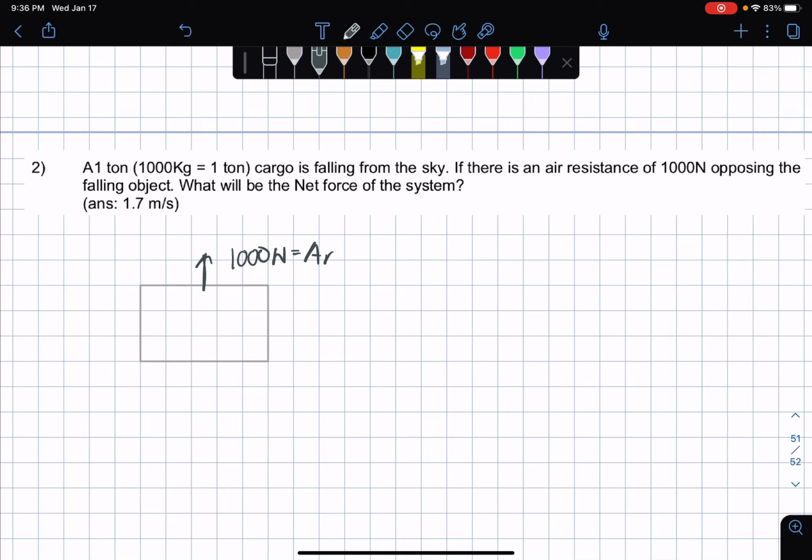We do not ignore air resistance, we consider it, and I suppose there are only two forces at this point. There's no going left or right, even though realistically it may move left to right for some reason. The weight, we don't know what it is. Oh, we actually do know the mass in particular. That is 1000 kilograms.